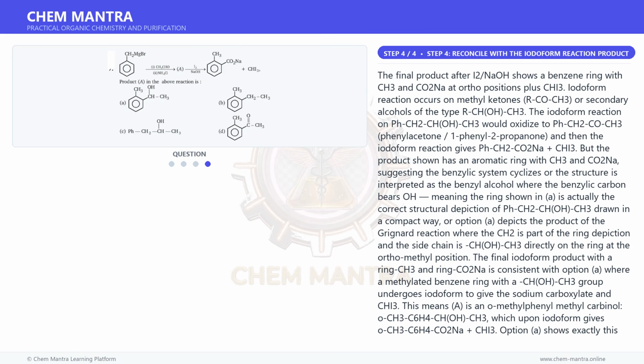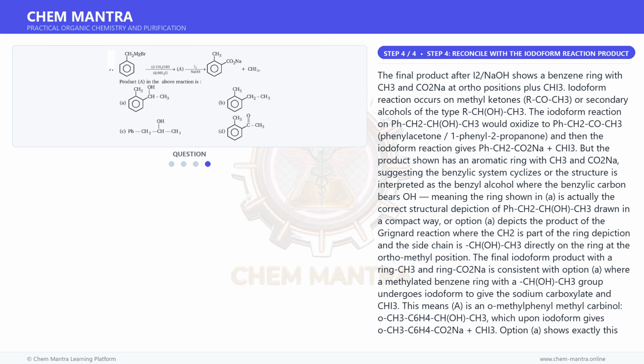But the product shown has an aromatic ring with CH3 and CO2Na, suggesting the benzylic system cyclizes, or the structure is interpreted as the benzyl alcohol where the benzylic carbon bears OH, meaning the ring shown in A is actually the correct structural depiction of PhCH2CH(OH)CH3 drawn in a compact way, or option A depicts the product of the Grignard reaction where the CH2 is part of the ring depiction and the side chain is CH(OH)CH3 directly on the ring at the ortho-methyl position.